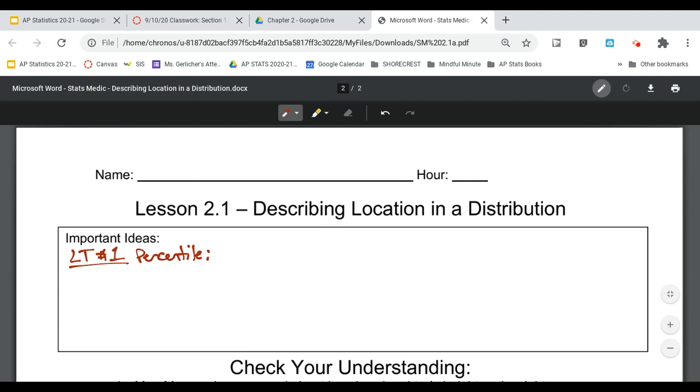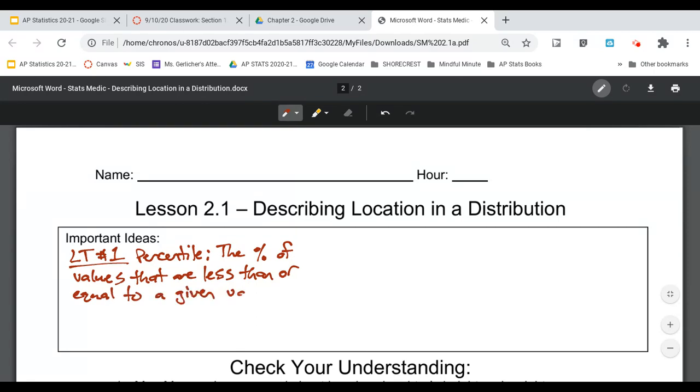A percentile is the percent of values that are less than or equal to a given value. And we talk about being at a percentile. Your SAT score was at the 85th percentile. So that means 85% of the people who took the SAT that year did as good as you or worse.